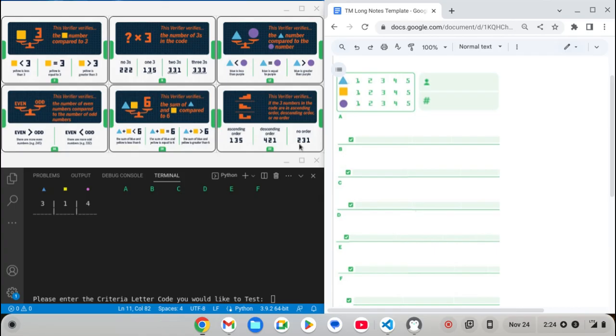Now let's take a look at the given example of 231. Notice that it goes from 2 to 3, it increases, but then it goes from 3 to 1, decreasing. Of course, you could also have a 3-digit solution that decreases and then increases, but ultimately it's that shift from one direction to the other that is a way to define a 3-digit code as having no order.